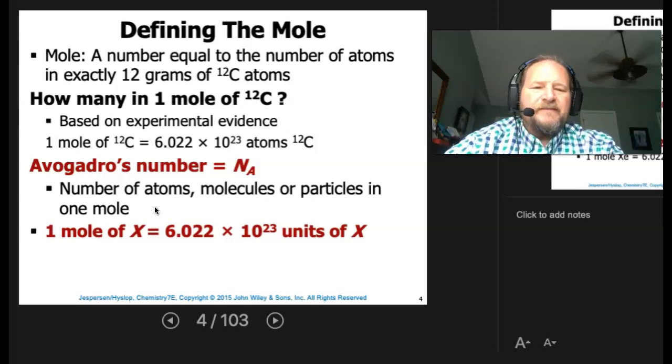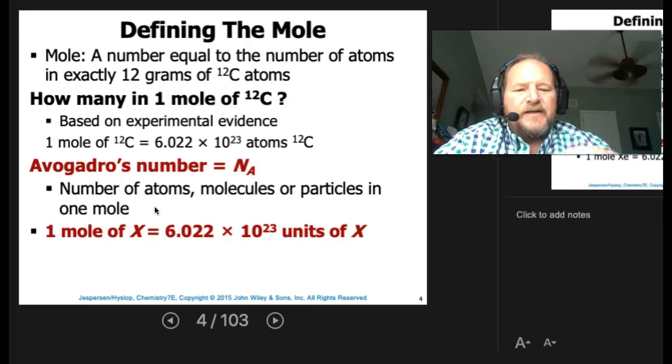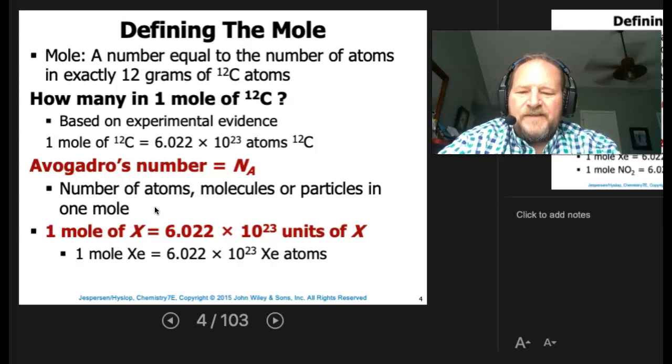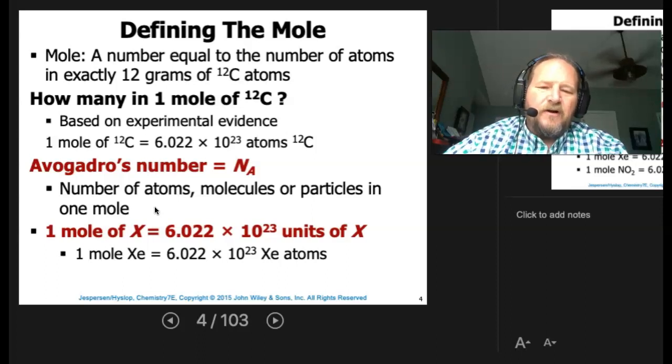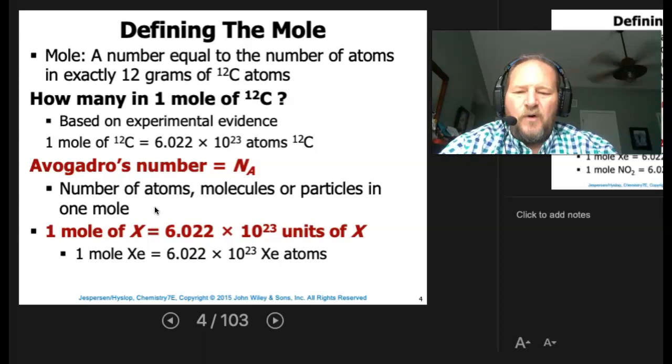And so a way to think of the mole is simply treating it as a large dozen. So if I have 3 moles, then I have 3 times 6.022 times 10 to the 23rd units, right? If I have 1 mole of xenon, then I have that many atoms of xenon. So pay attention here because the units for our Avogadro's number will change. It's going to be 1 mole is equal to so many particles.